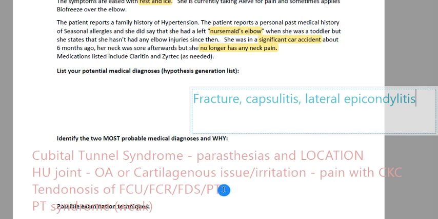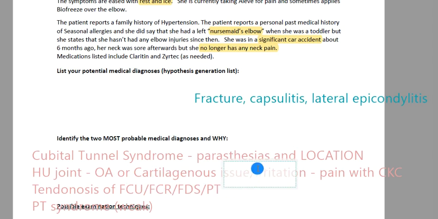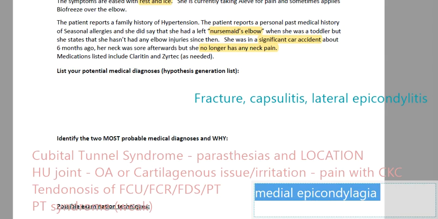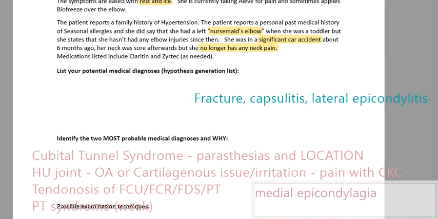But at this point, I would go back to here, and I would say another probable diagnosis that's really more of a generic term would be a medial epicondylalgia. So it's not specific, but that would definitely be an appropriate probable diagnosis as well, and I think it could be in a top two also because of the location of the symptoms.